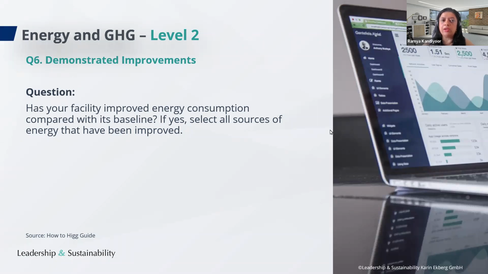For example, you will right now be reporting on 2022 data, and then you would require to indicate that you have made an improvement from the data that you already have of 2021. So it's from the last calendar year's data that you will have to show your improvement.